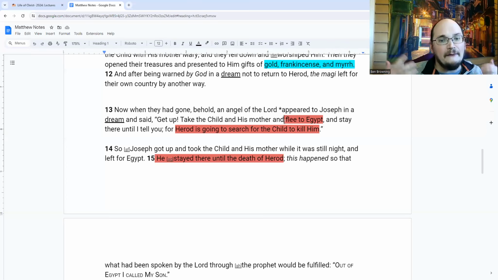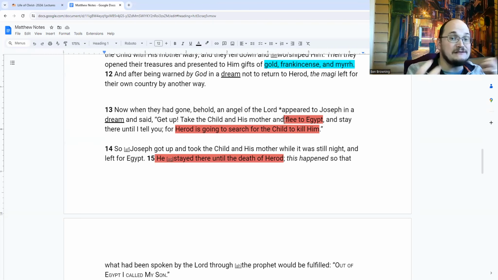Now, look how far things have fallen. There is a Pharaoh in Israel ruling with the same level of wickedness that Pharaoh in Egypt ruled. And now the only safe place for God's own anointed king is Egypt.